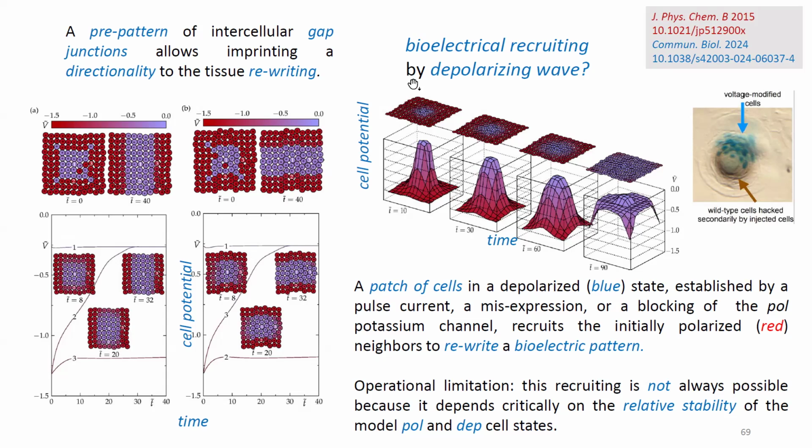You can recruit in principle the external cells which surround this patch if the single cell states verify certain initial conditions. An operational limitation here is that this recruiting is not always possible in the simulations because it depends critically on the relative stability of the initial polarization and depolarization cell states. But in some cases, the simulation shows that this recruiting is possible.